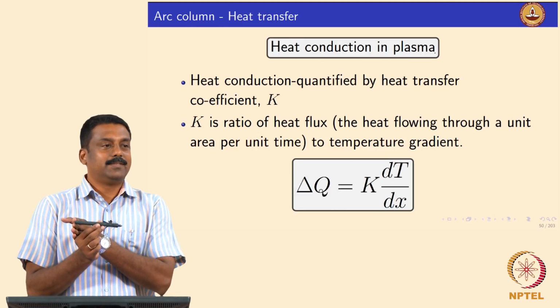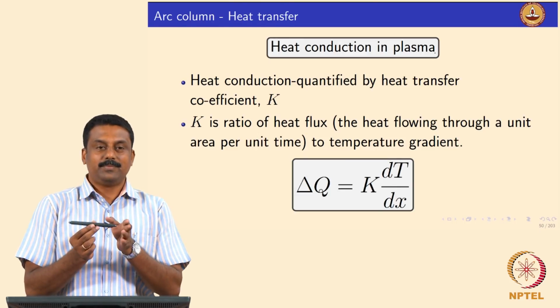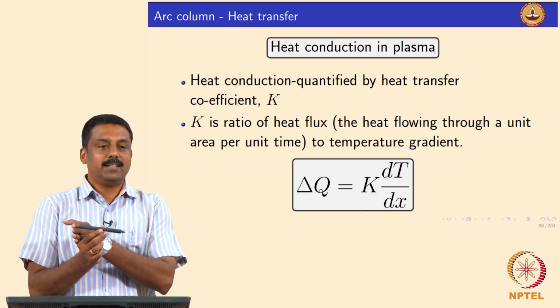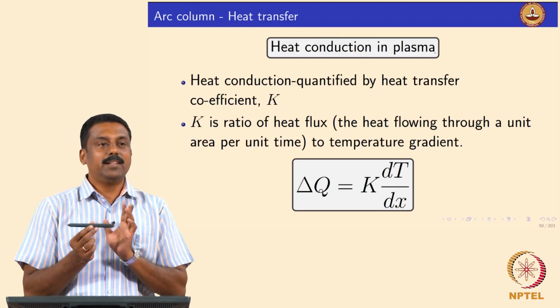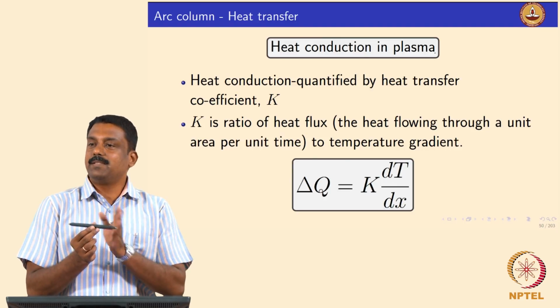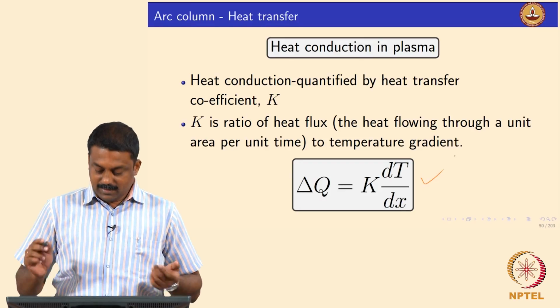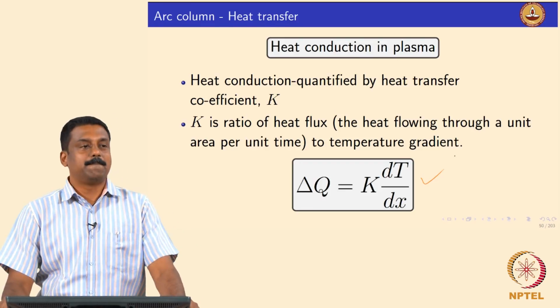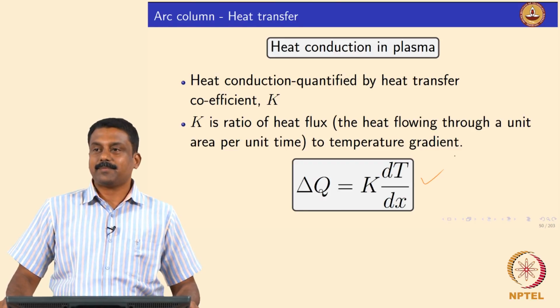isn't it? So, the change in the heat delta Q from this end to this end is nothing but, if you measure the temperature and the length, you can calculate how much heat is transferred from this end to this end, isn't it? It is a classical conduction heat transfer equation, isn't it?